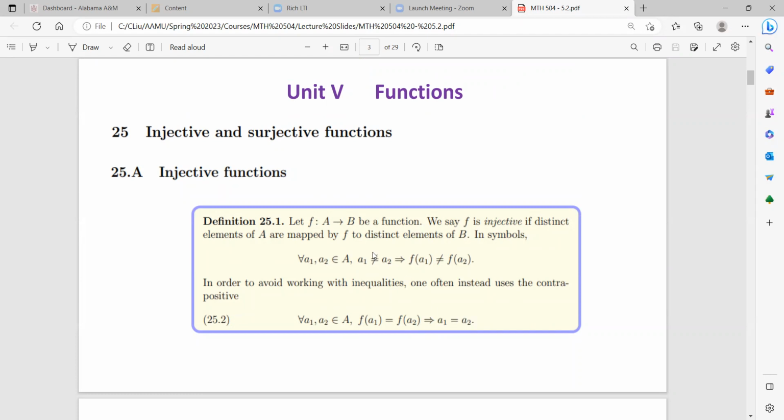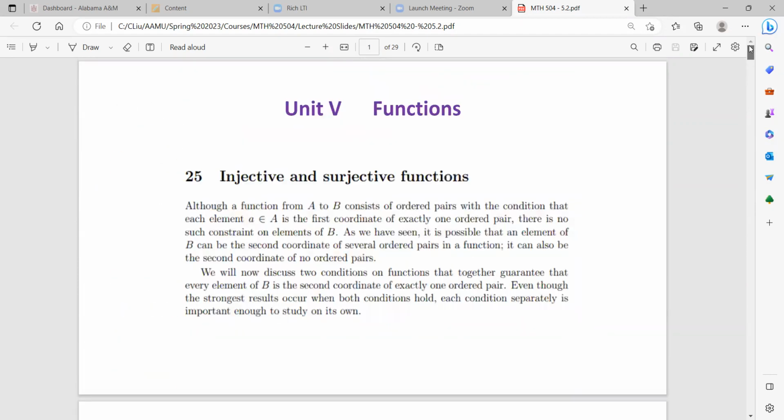But sometimes it's actually easier to do it in the other method. If you set two x values not equal, then you show the two function values are not the same.